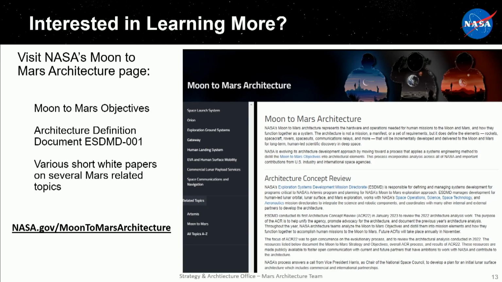So, if you're interested in learning more about the architecture, the Moon to Mars architecture definition document, ESDMD 001 is the document number, is out in public now. On the website, you can see there, it's very, very easy: nasa.gov/moontomarsarchitecture. On top of that, we have published several white papers.